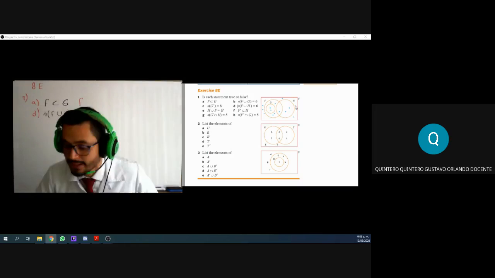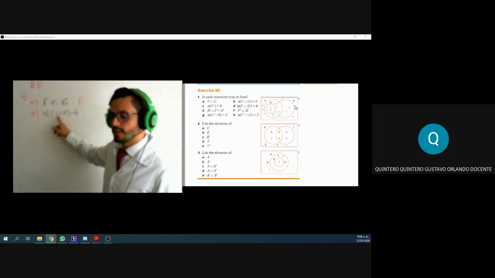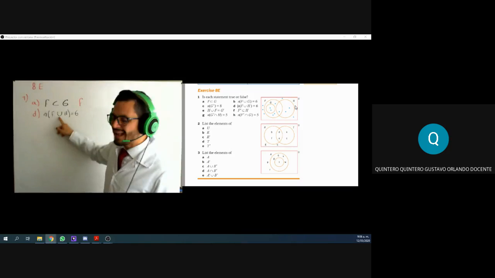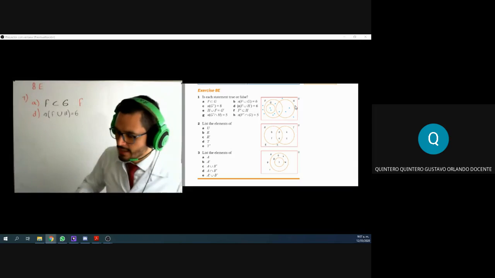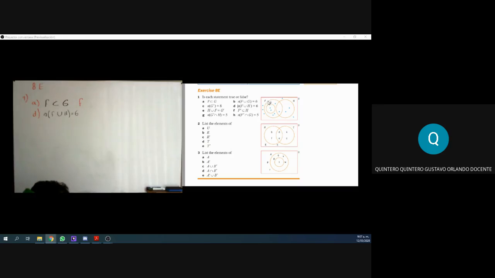Since we're looking for the union, we want to count every single element inside F and H, right? Inside F and then the ones inside H. So inside F, we have 1, 2, 3, 4, 5, and 6. Let me count them again. 1, 2, 3, 4, 5, and 6.